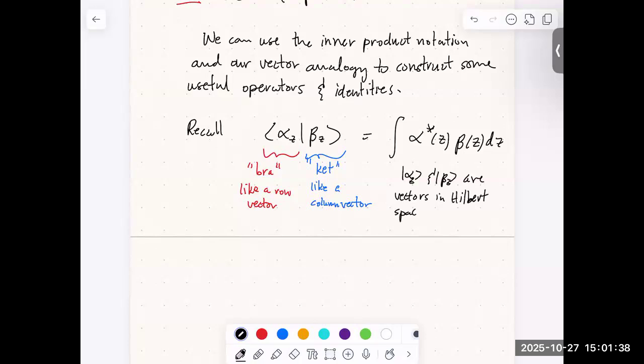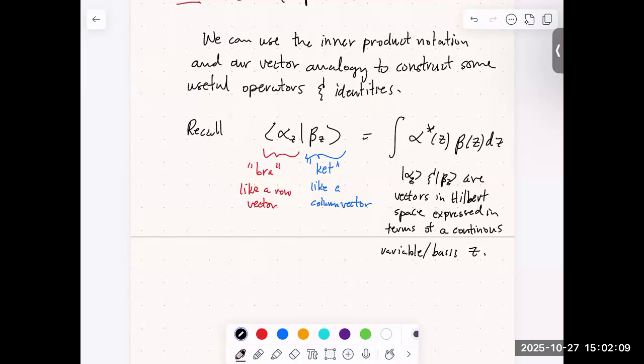So remember, that's the space of all square integrable functions. So it just guarantees that these inner products exist. Expressed in terms of a continuous variable, or let's say basis z.